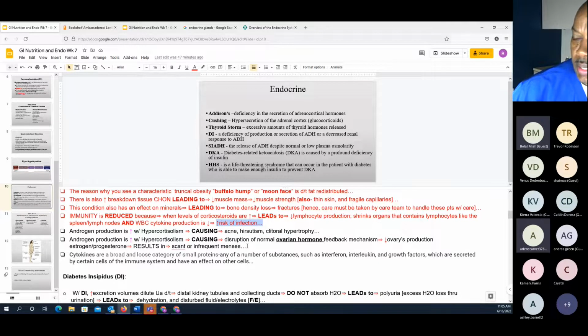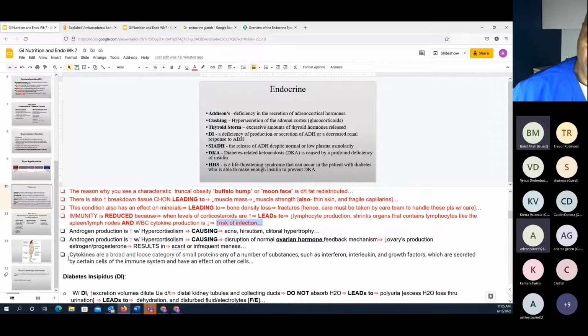There's also a disruption in the ovarian hormones. In other words, their hormone levels are going to be off, right? And so there's decreased ovarian production with these patients as well. Production of estrogen and progesterone. And of course, this can result in scant or infrequent menses. So again, this is part of your teaching as well. You have to teach your patients that these are some of the things that they can expect, especially in females.